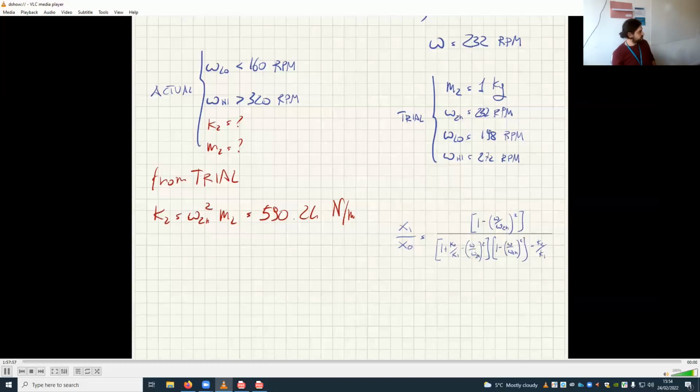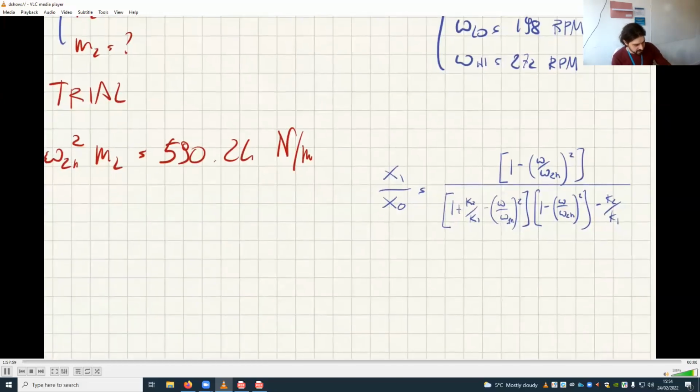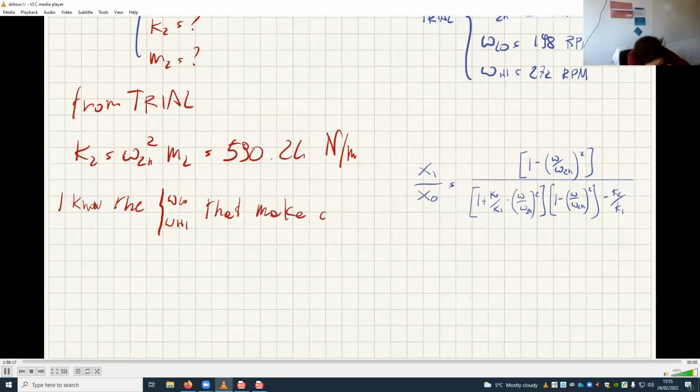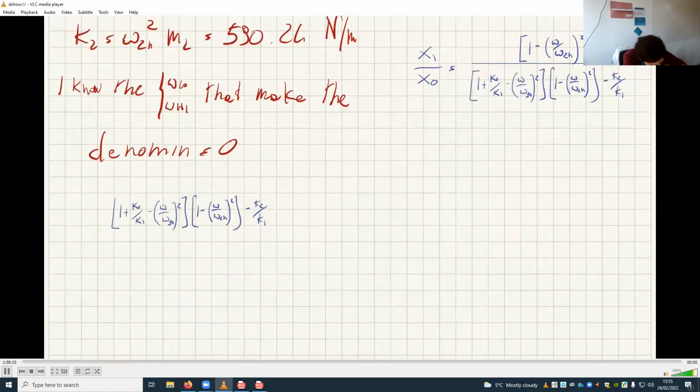How many unknowns do I have here? Let me spell it out. I know the omega low and omega high that make the denominator equal to 0. So I can just copy this thing and put it equal to 0.